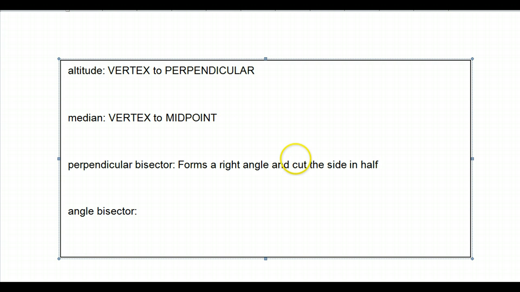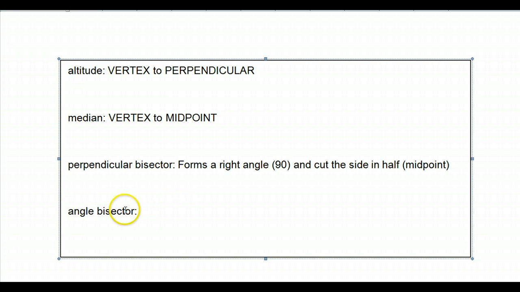Okay, and in half means it's hitting the midpoint, and right angle means 90 degrees. Okay, so perpendicular bisector has to form a right angle and has to cut a side in half.